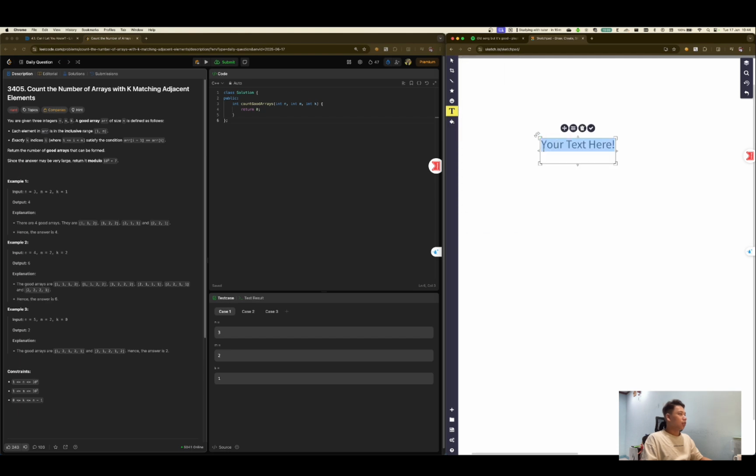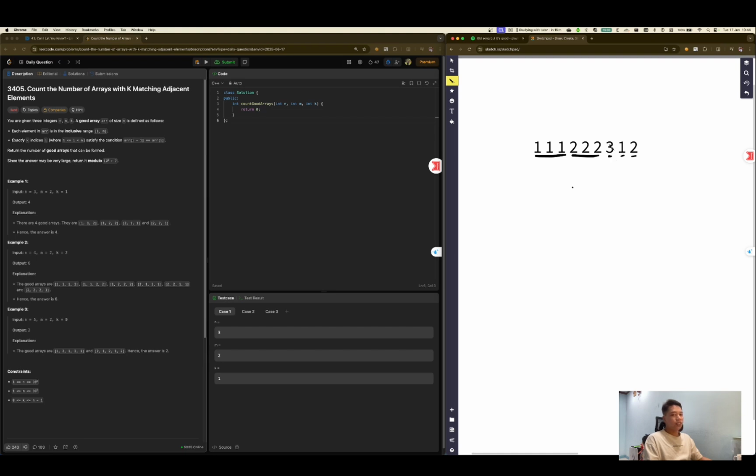I'm gonna write some examples here. For example, we got an array like this. You can see we got three elements here with the same value, and three here with the same value too, and this, and this, and this.